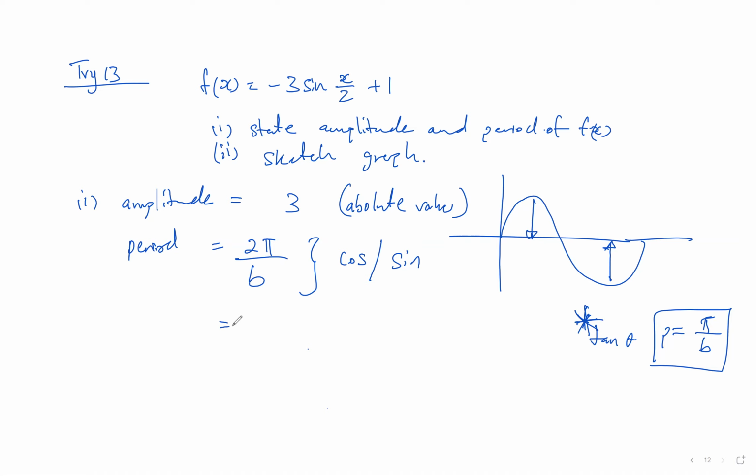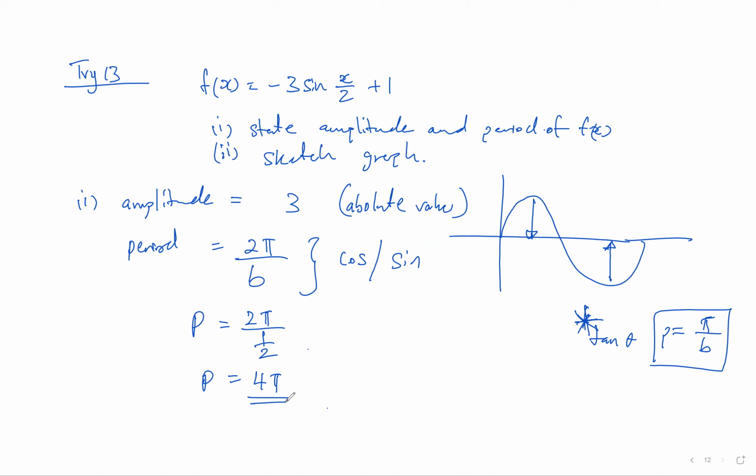Okay, so this is half, right? So period is 2 pi over b. So what is b equal to? Sorry, my mistake. The b is half. So you want to find what is the period. So that will become 4 pi.